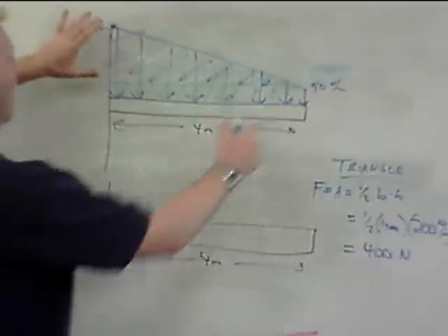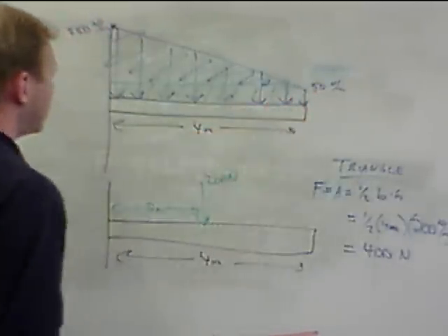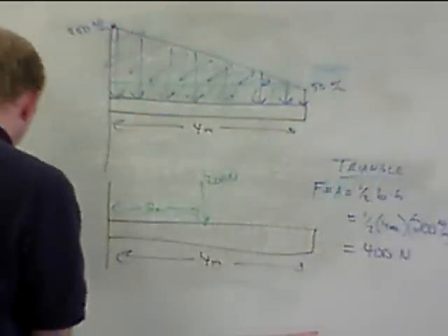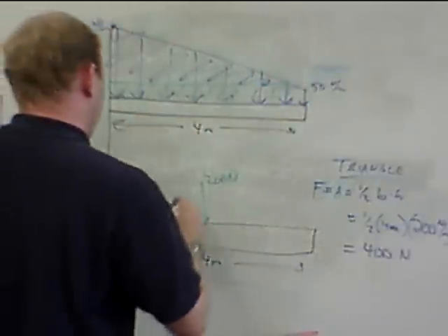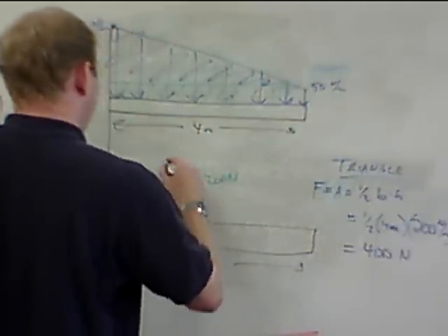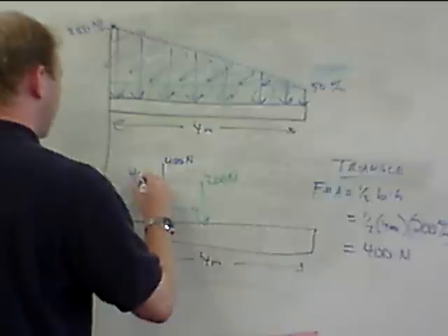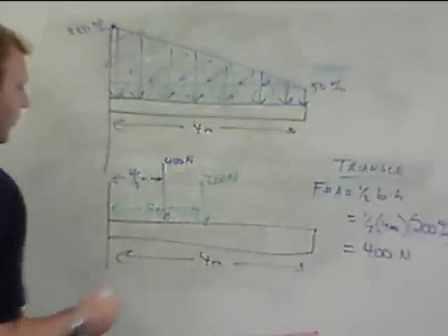Okay, so this is 4. So 1/3 of this is going to be 4/3. So we're going to have a force here, right about here of 400 newtons, and this is going to be 4/3 of a meter, 1.33.